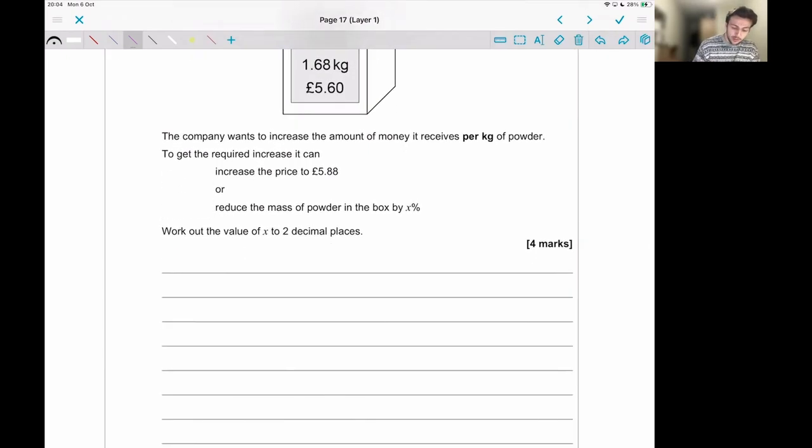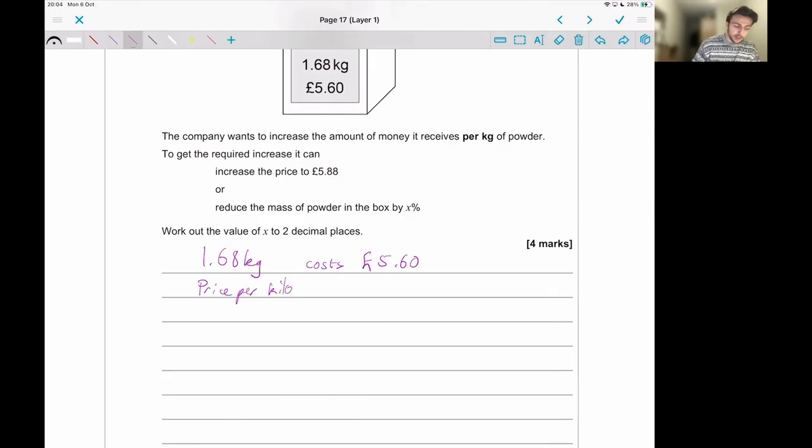So we're told that 1.68 kilo costs £5.60. Now, what is the price per kilo? Because that's what they want to go up.